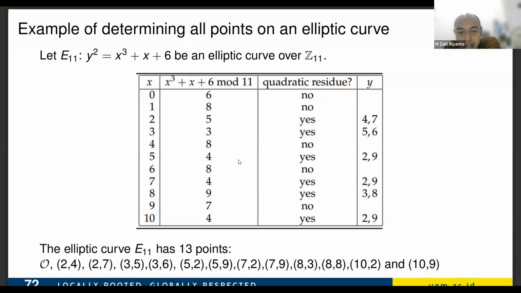After that, we check whether each value is a quadratic residue or not. Quadratic residue means that an element in Z11 has a square root.